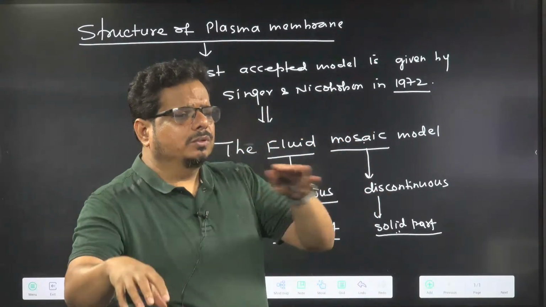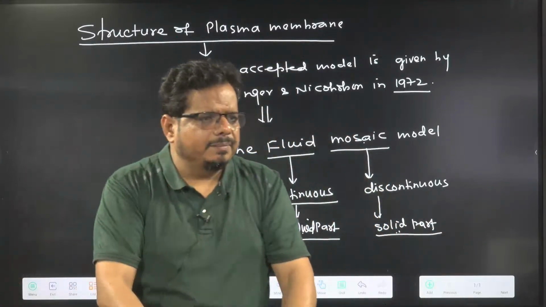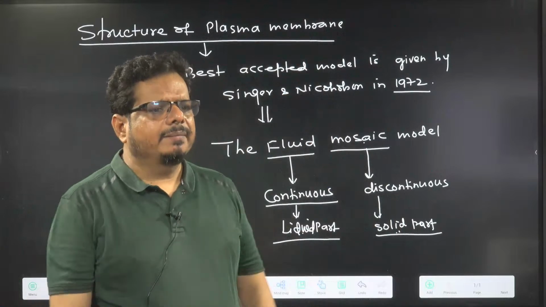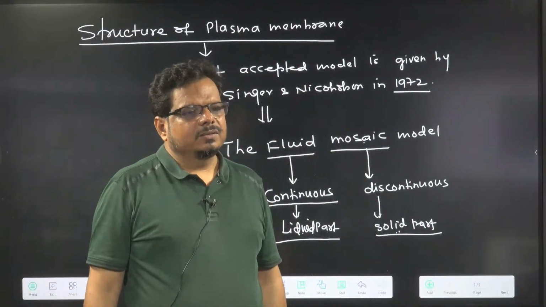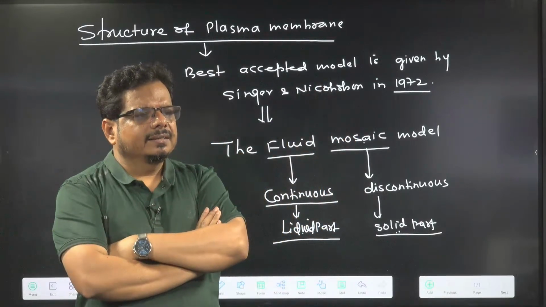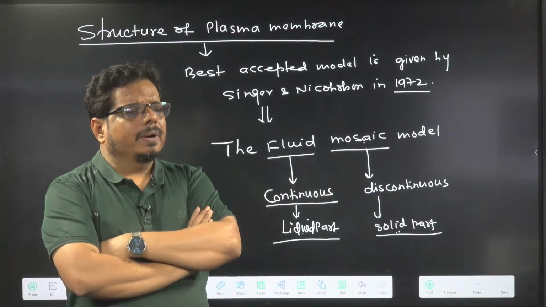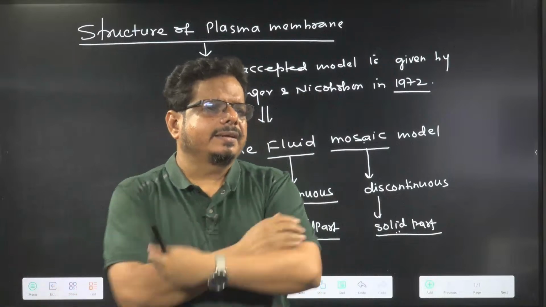And the gulab jamun are embedded here and there. Some are deeply embedded, some are superficially embedded. Got the idea? They are the protein. So how are they embedded, how does the plasma membrane look? In the liquid part, some solid part is embedded in a mosaic-like fashion here and there.